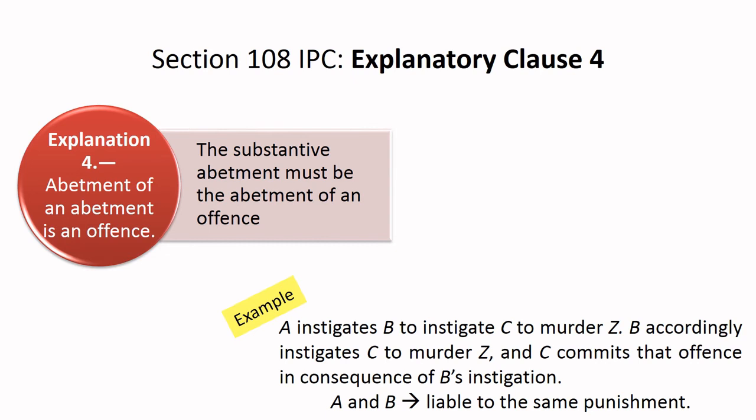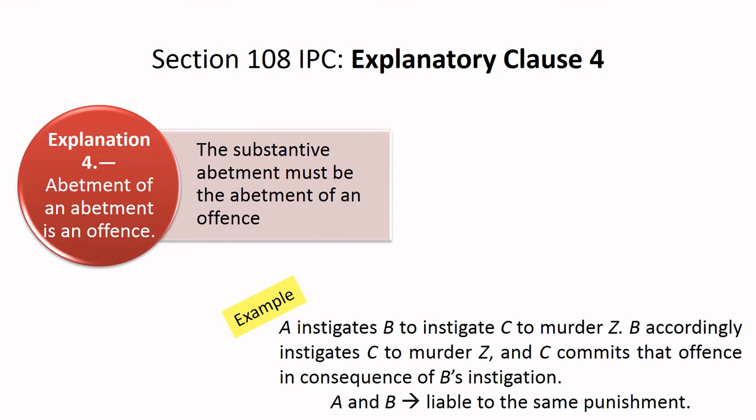A instigates B to instigate C to murder Z. B accordingly instigates C to murder Z. And C commits that offence in consequence of B's instigation. Law says, that is, by virtue of explanation 4 to section 108, A and B both will be liable to the same punishment. Here there are more than one abetment.